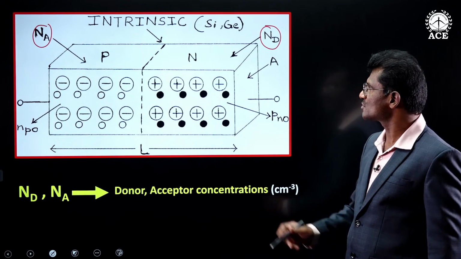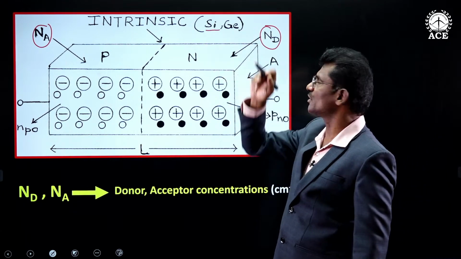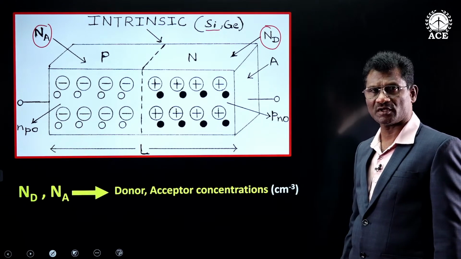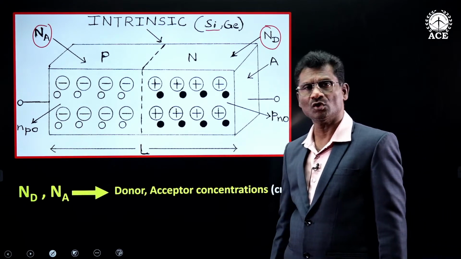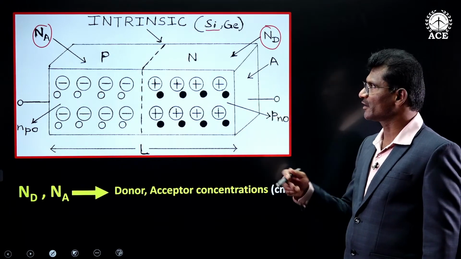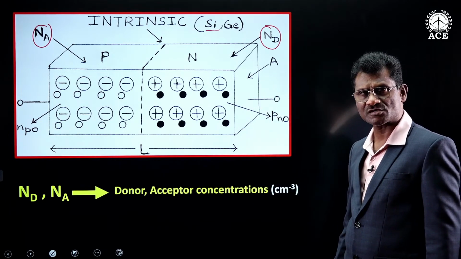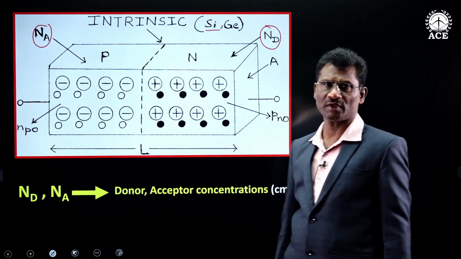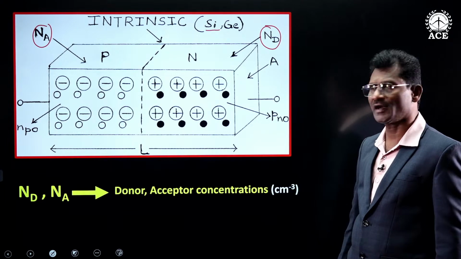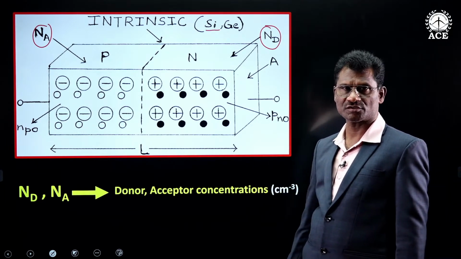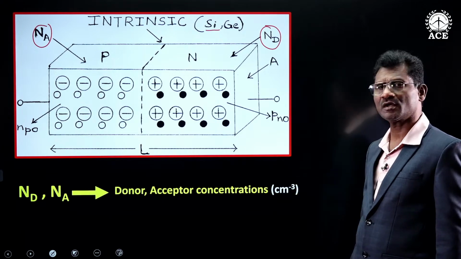Then the meaning is, if it is a silicon material, then per centimeter cube of silicon material, 10 power 20 donors are added to the right side, and 10 power 20 acceptors are added to the left side, making it N and P. That is the meaning of Nd and Na, the donor and acceptor concentrations, per centimeter cube.